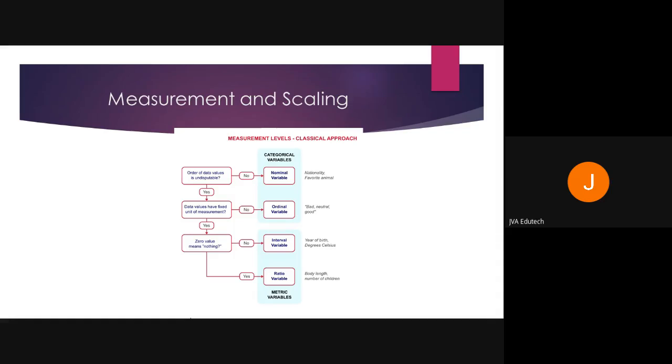An ordinal variable is again when you measure some characteristic, but there is no equal difference between the characteristics. For example, you are saying that right now Kerala has a better recovery rate than Karnataka, and Karnataka has a better recovery rate than Tamil Nadu.